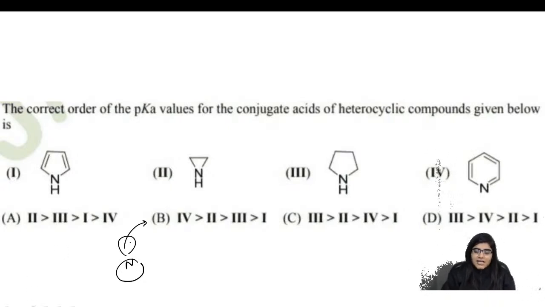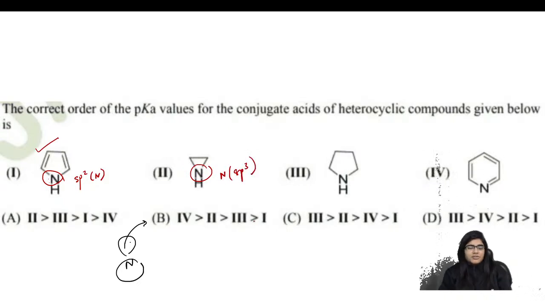Let's start with the very first option. This is your pyrrole. What is the hybridization of this nitrogen present over here? Nitrogen is sp2 hybridized because it is making a double bond with this pyrrole. Then let's go to the next one. In the second, nitrogen is sp3 hybridized.